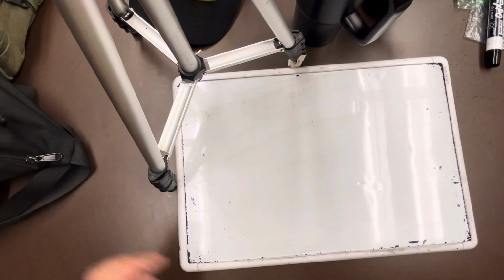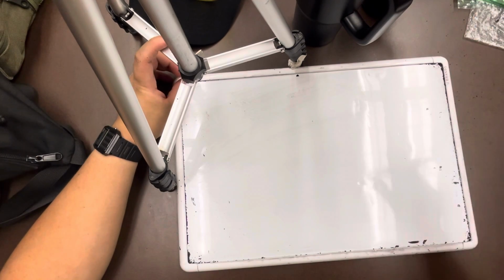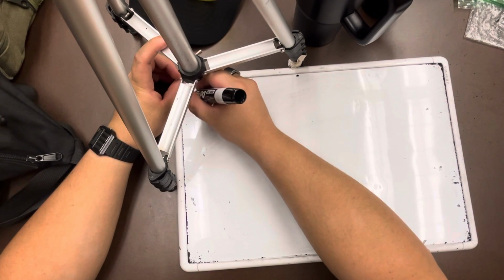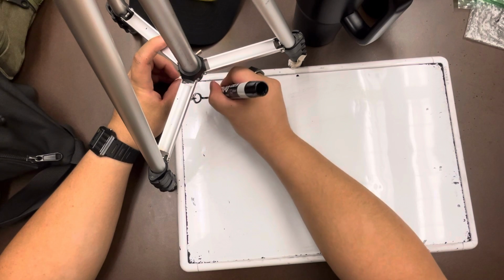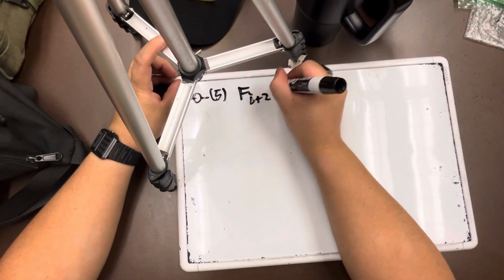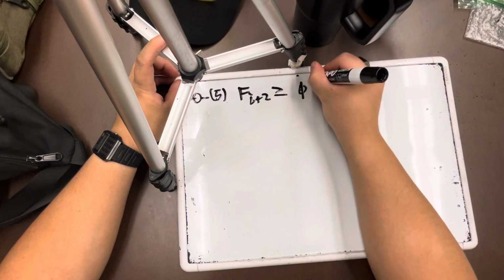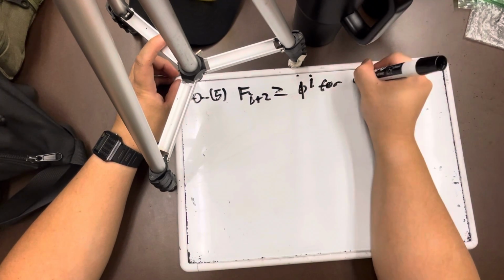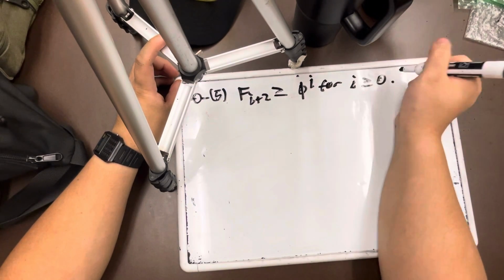We'll be more specific on that in a moment, but the specific inequality in this case is f sub i plus 2 being greater than or equal to phi to the i for i greater than or equal to 1, right? So for part 5 here, f sub i plus 2 is greater than or equal to phi to the i for i being greater than or equal to 0.